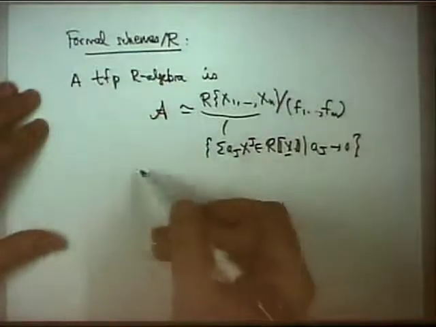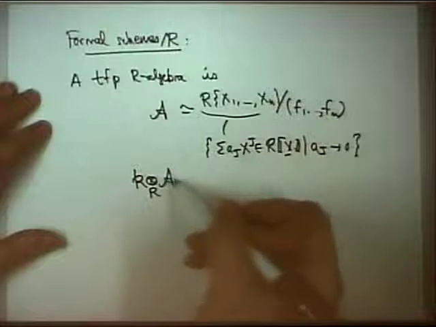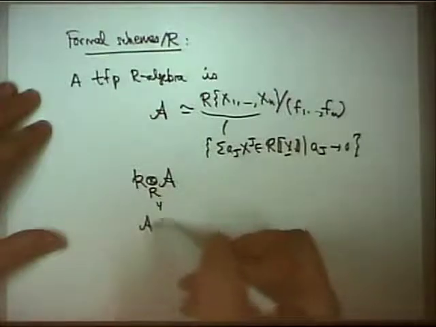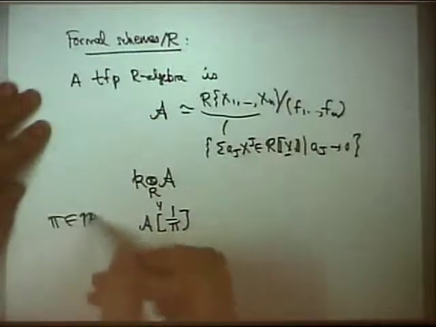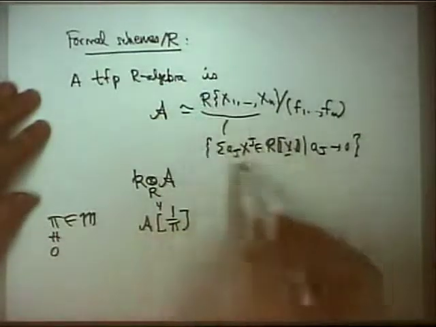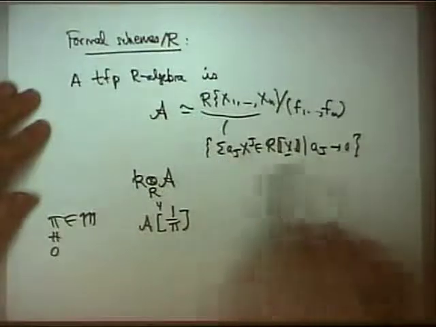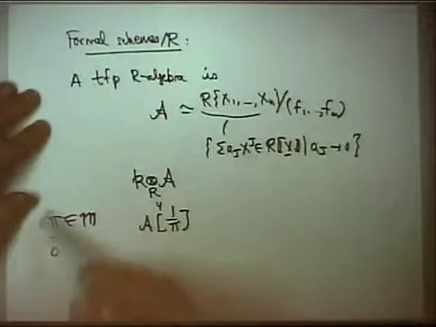So observe that if I take this and extend the base to K, which means I invert my favorite choice of non-zero element in the maximal ideal, that just converts this into the Tate algebra. Because if I take something in the Tate algebra and multiply it by a sufficiently big denominator, I kill all the denominators.